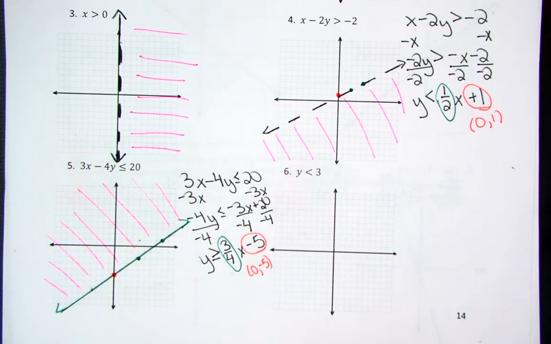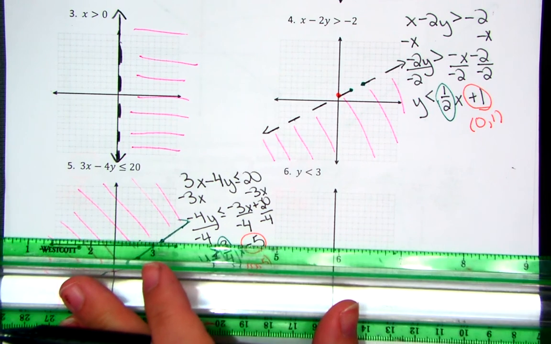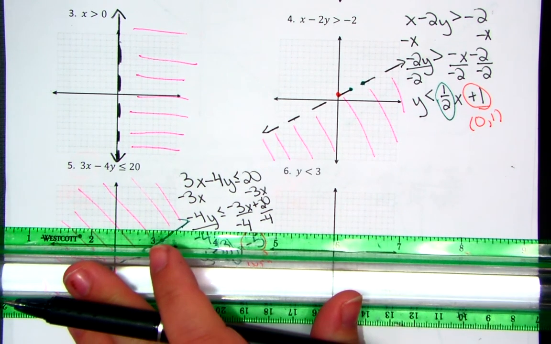Our last example doesn't have any x's. Or you could say it has 0 x's. Now I can say that because this line is actually a horizontal line with 0 as the slope. And it's going to go straight through 3. So line up your ruler at 3.